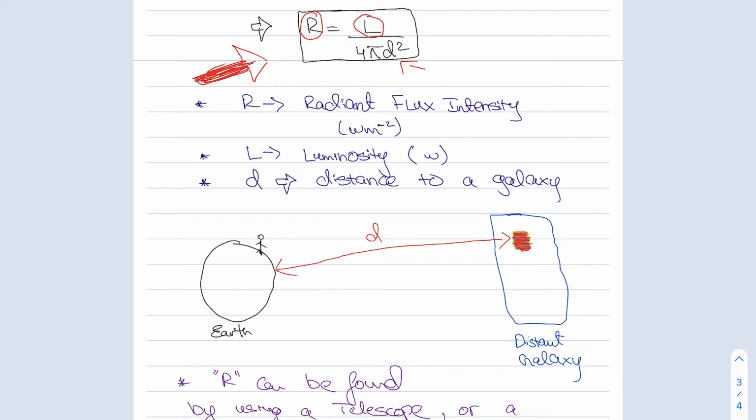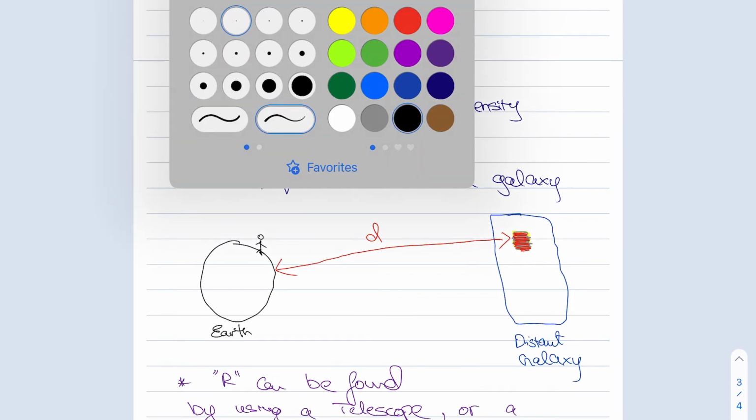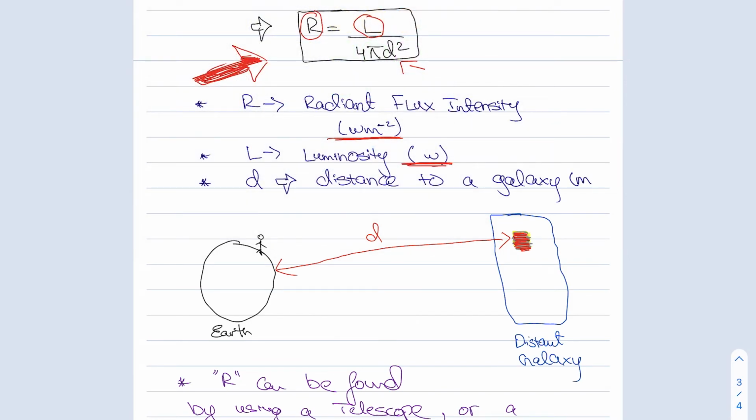You have to memorize it, and you need to memorize what units are used. You'll always use SI units, and I forgot to mention that the units for D would be meters, m, right?